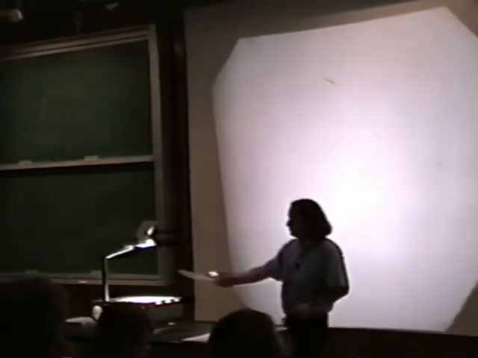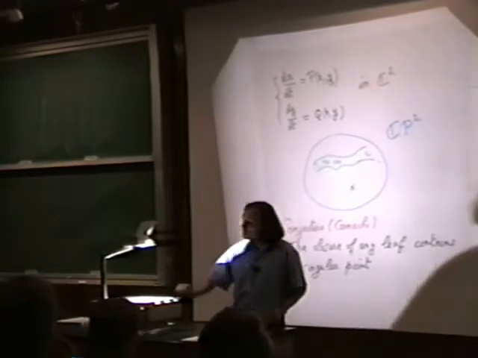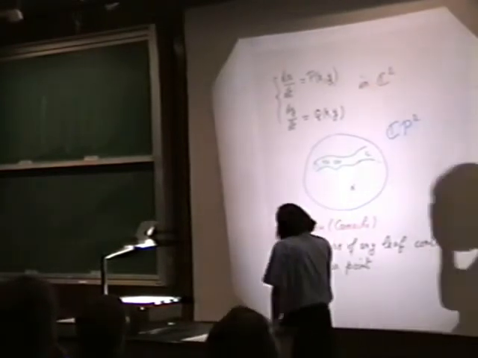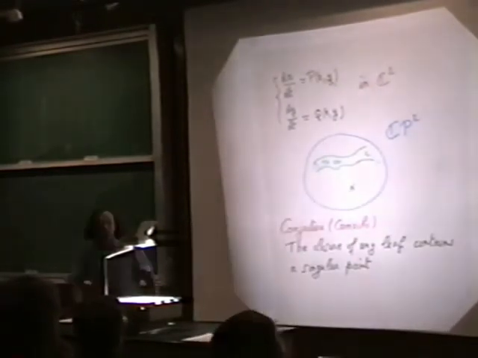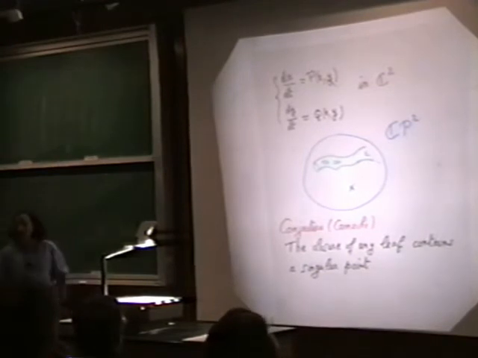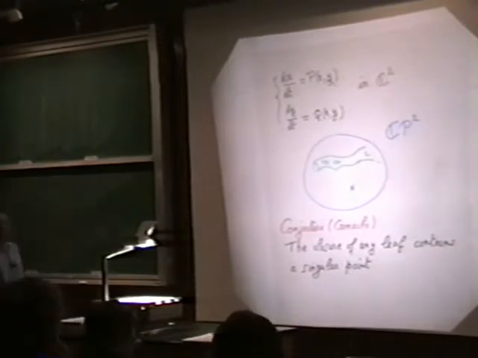You consider in the complex 2-plane C2 a differential equation dx/dt equals P(x,y) and dy/dt equals Q(x,y), where x and y are complex numbers and P and Q are 2 polynomials in the variables x and y.